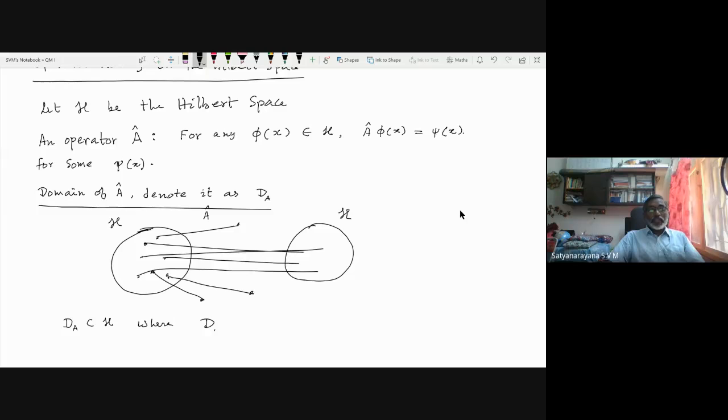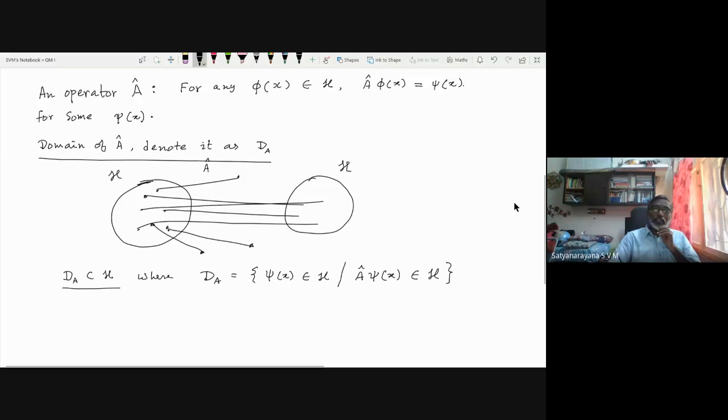this D_A is defined as those psi of x in H such that A acting on psi of x is also in H. So this is what we call the domain of A. Now we can have some elements here which do not have a pre-image.